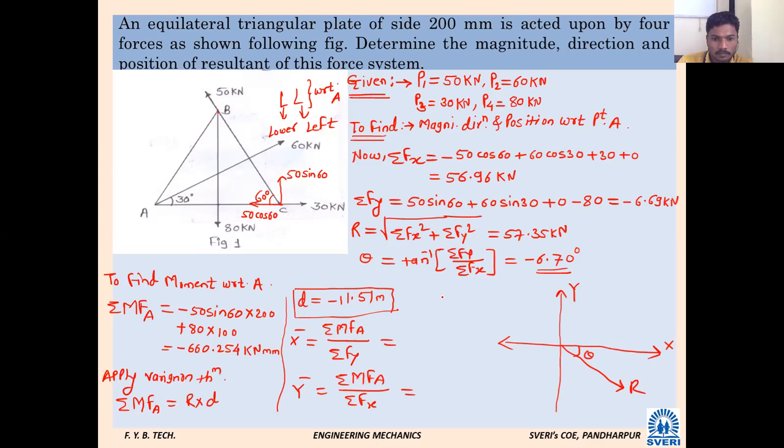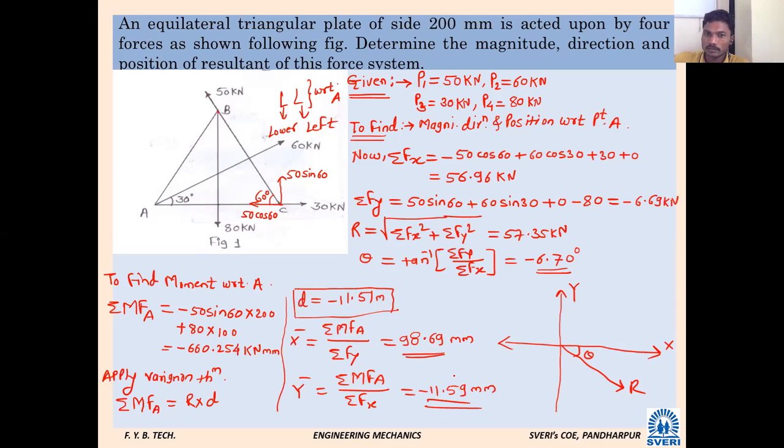X bar is equal to 98.69, plus. Next, Y bar is minus, equal to 11.59. Very good. Actually it was a homework problem.